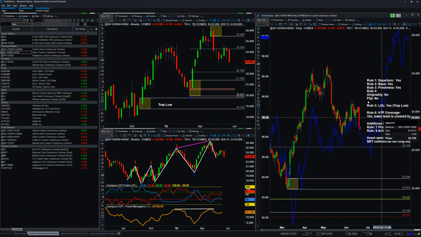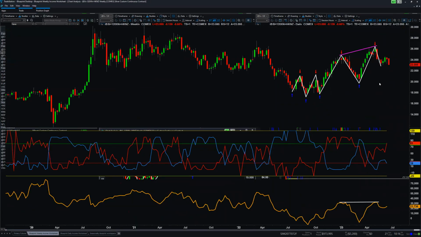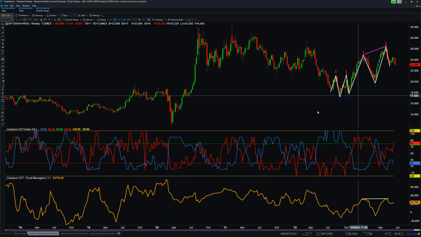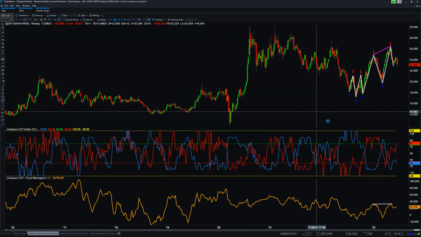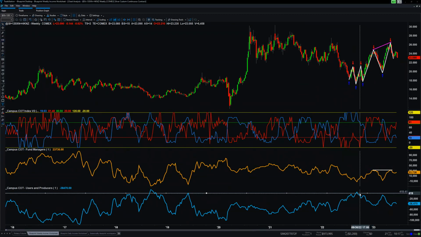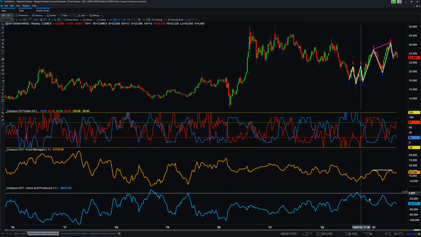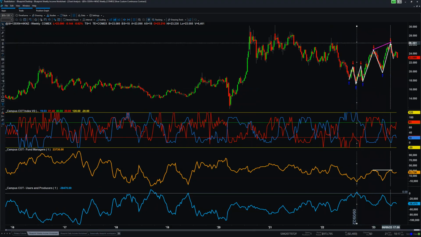So that's silver. And now just lastly, those net commercials. And let's put in the net zero line. So here we were net long. This net long reading created that uptrend.